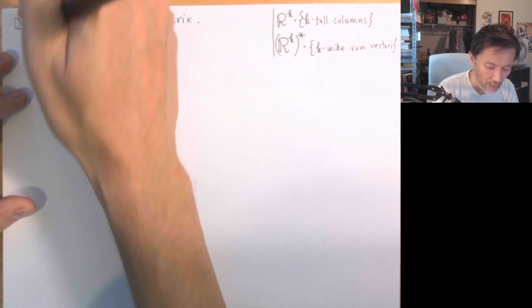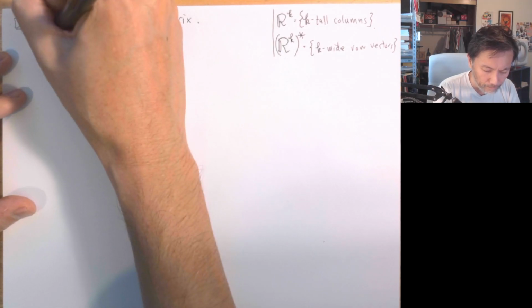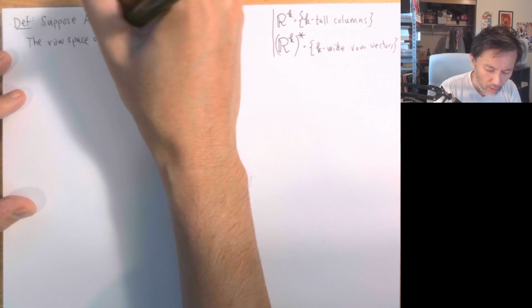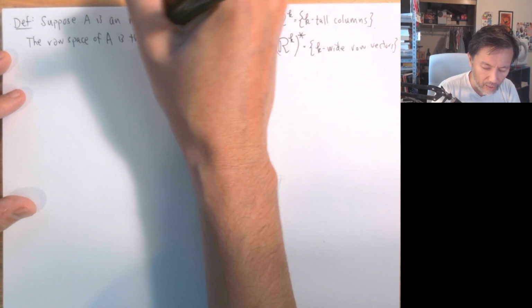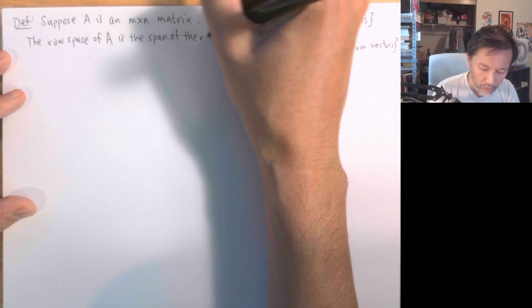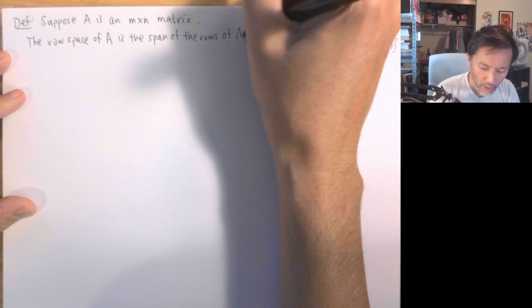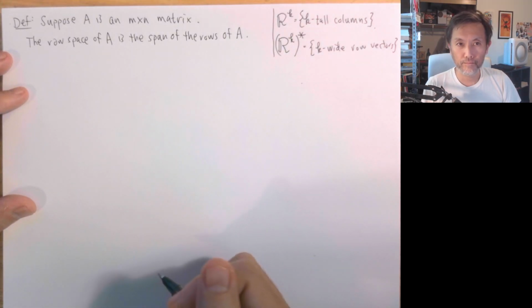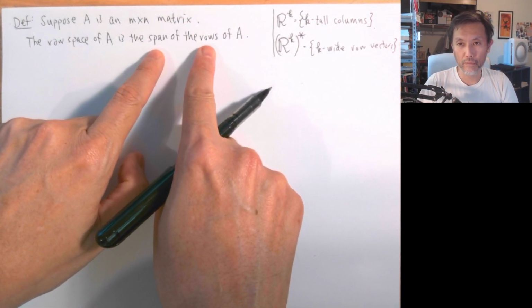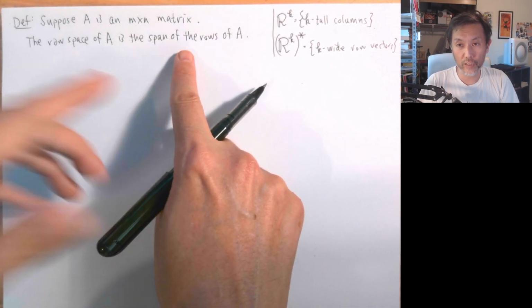So, definition: the row space of A is the span of the rows of A. That's it. And remember what we mean by the span of any collection of vectors in any vector space.